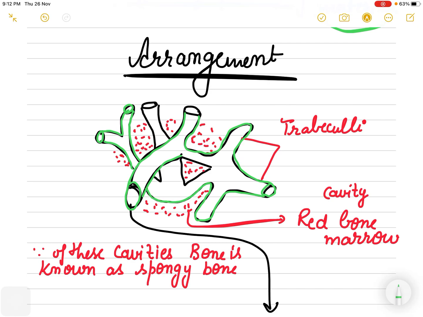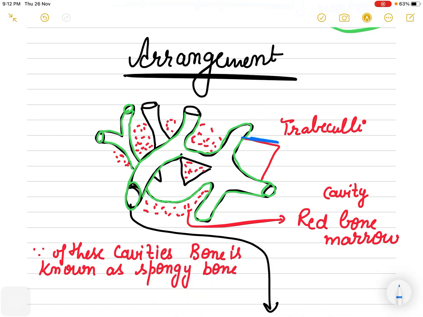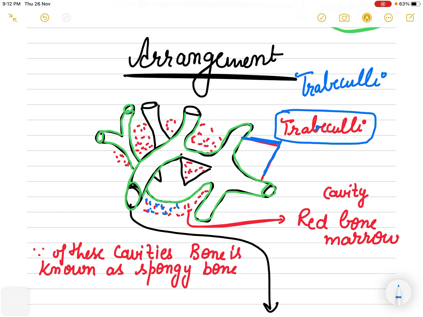Make it very very clear that there is no concentric ring arrangement in the spongy bone. Mark it separately. And these long branches you observe are known as trabeculae. These are known as trabeculae, and these are the spaces.